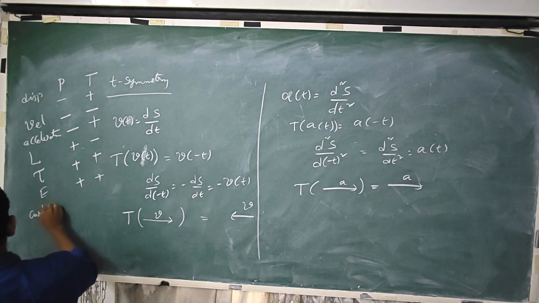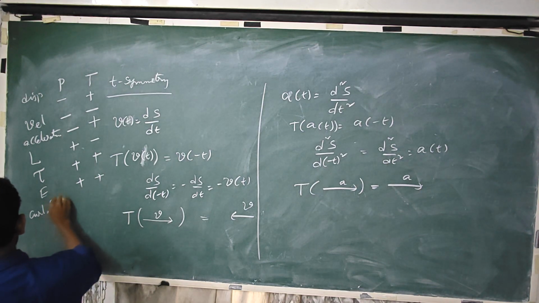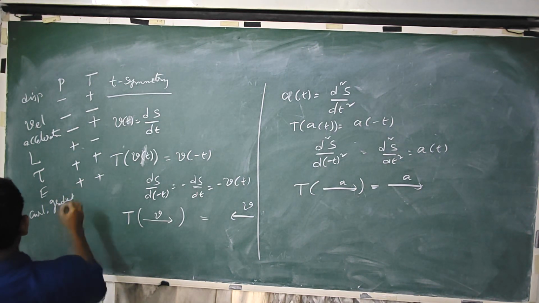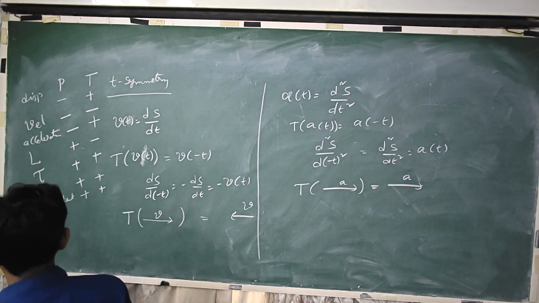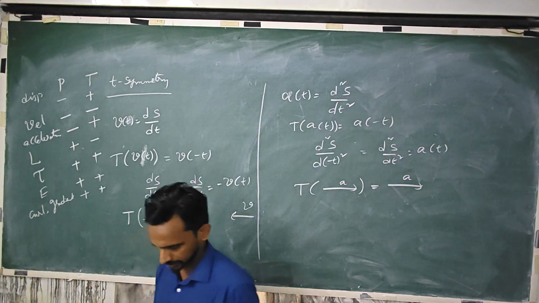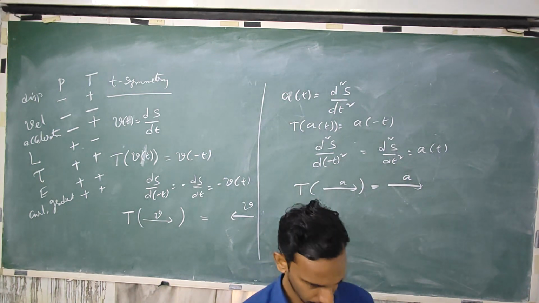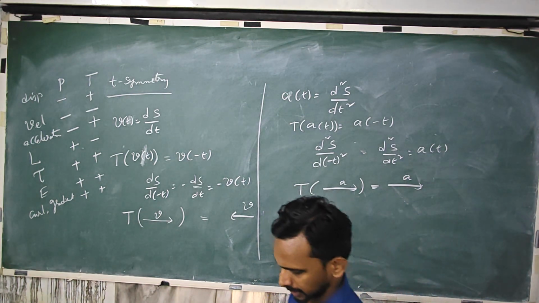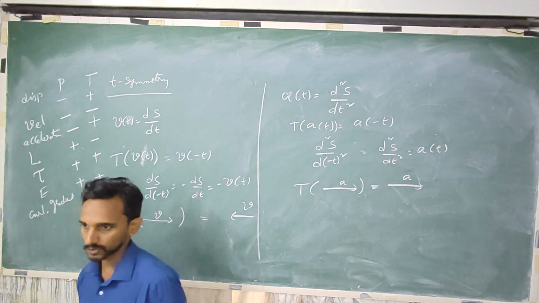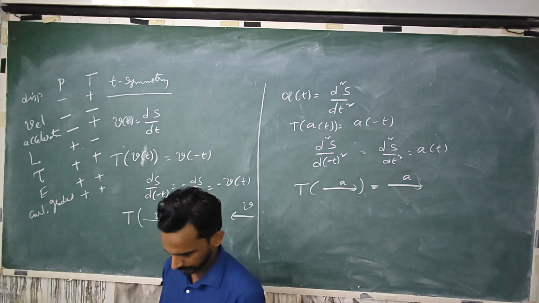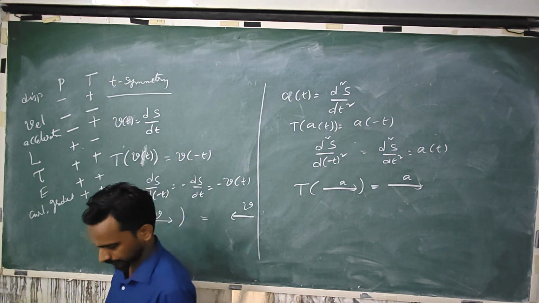Curl, gradient, they are not time dependent, so T symmetry positive, and they are results of some sort of cross products involved, curl. So parity positive.